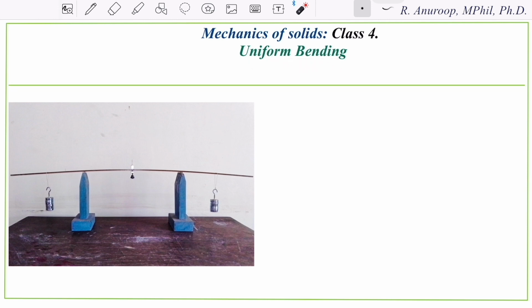In uniform bending, the beam is loaded uniformly on both its ends, and as a result, the beam will bend, and the bent beam forms an arc of a circle.